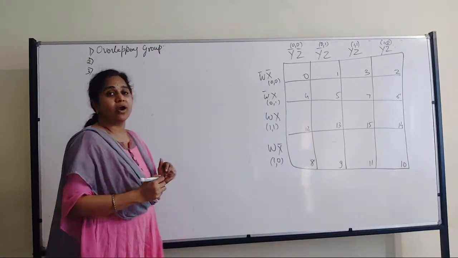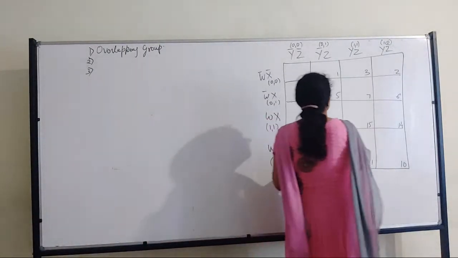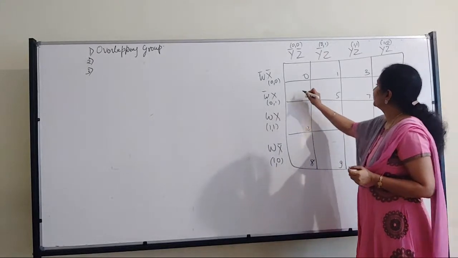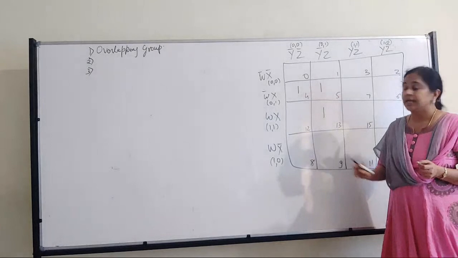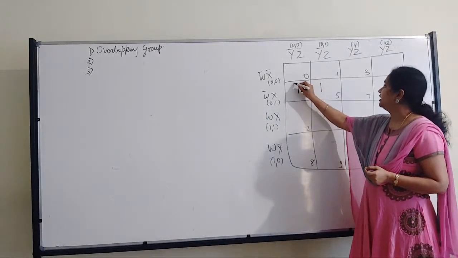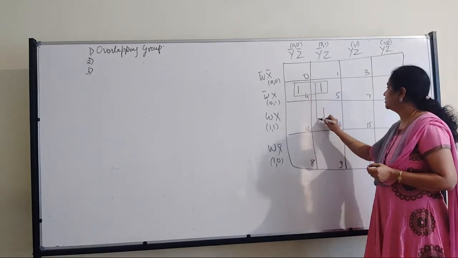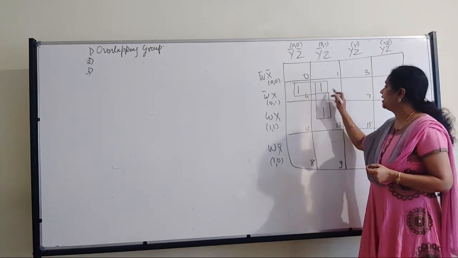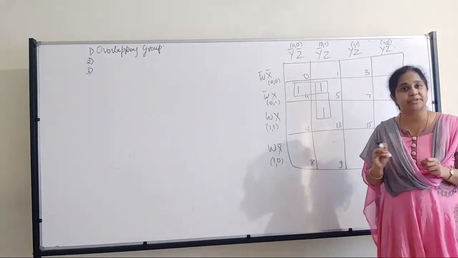Overlapping group. Now what is this overlapping group? As we were discussing in the previous class, let us say we have a K-map like this. Now when you see here, we can create one pair and two pair. We cannot leave a single value as it is. It has to be grouped in one way or the other.